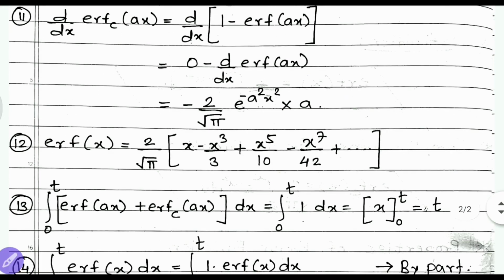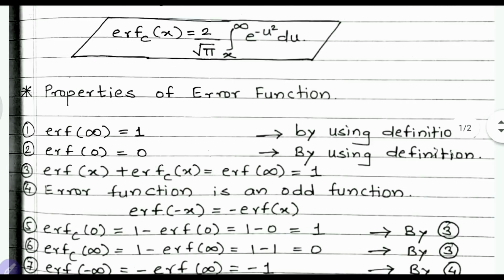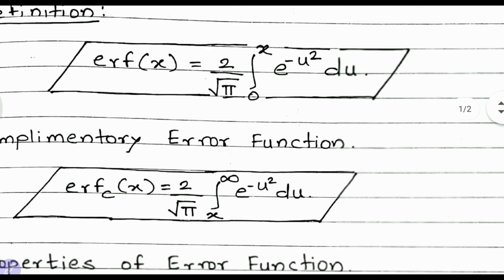So the next property is error function of x is equal to 2 upon root pi times x minus x cubed by 3 plus x to the power 5 by 10 minus x to the power 7 by 42 and so on. This is the series expansion of error function of x. So how to prove this? If you want to write down the expansion of the error function of x, you have to make use of the basic definition and the expansion of e raised to x.